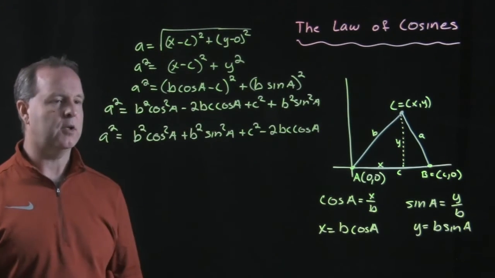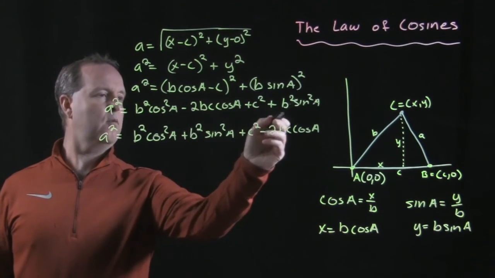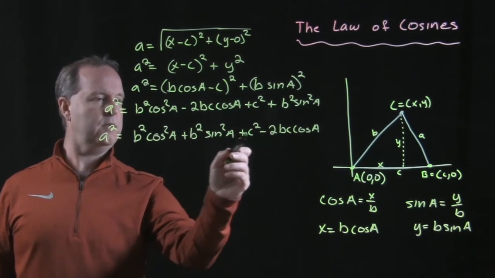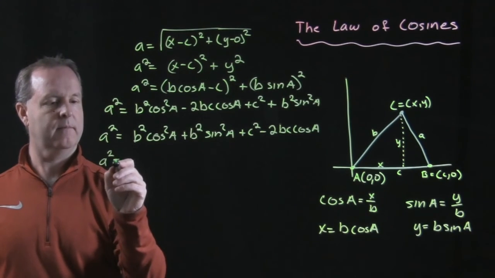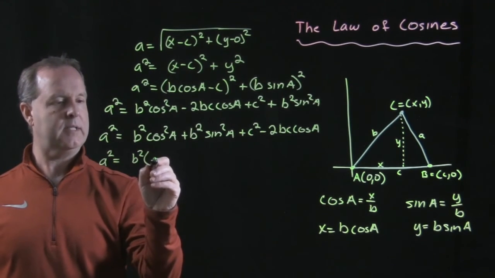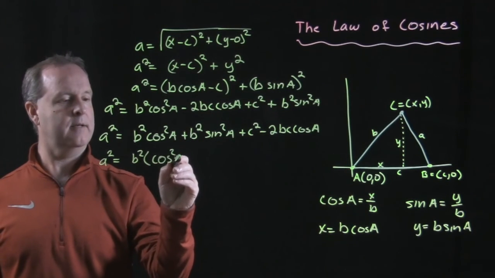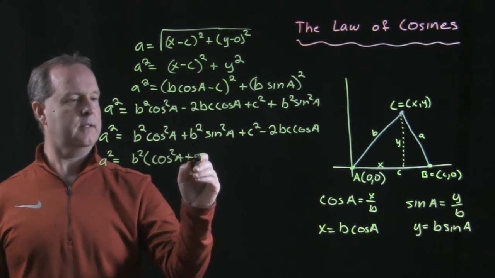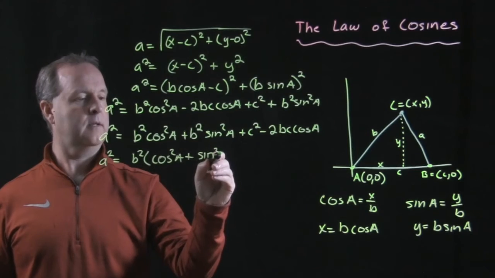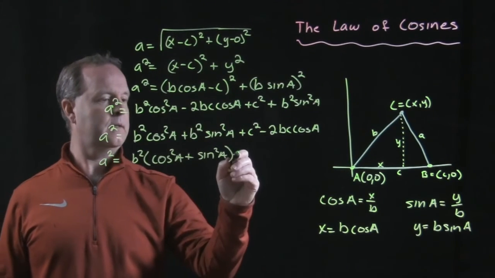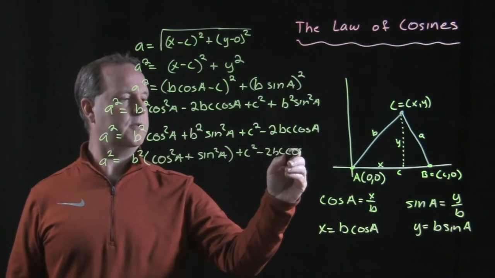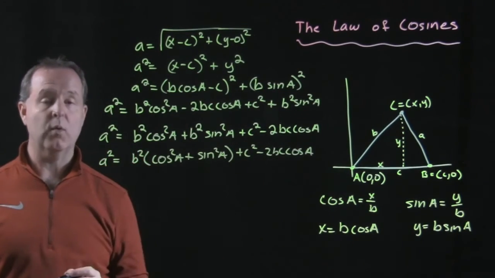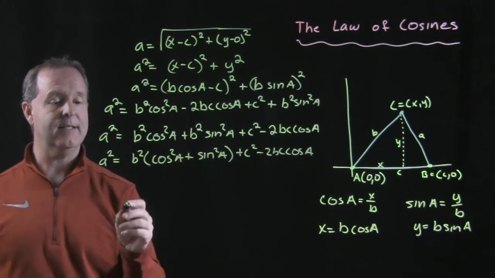All right, I think I have all the terms in there. 1, 2, 3, 4 terms. Factor B squared out of the first ones. Then what's left is the cosine squared A plus sine squared A, plus C squared minus 2BC cosine A. Cosine squared A plus sine squared A, one of our identities that we like.